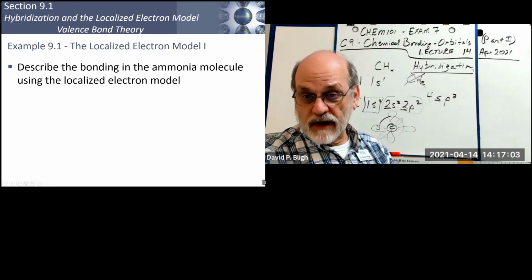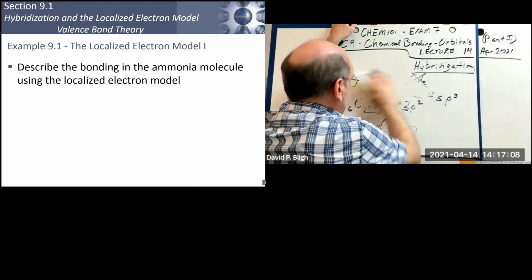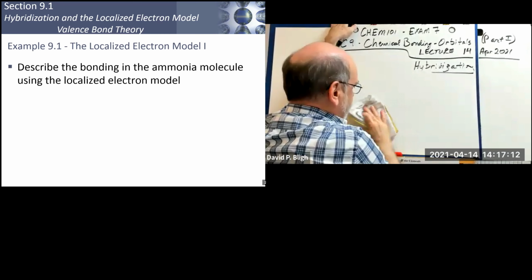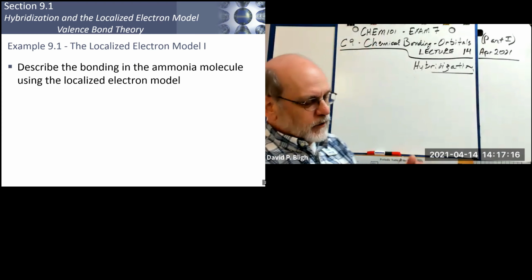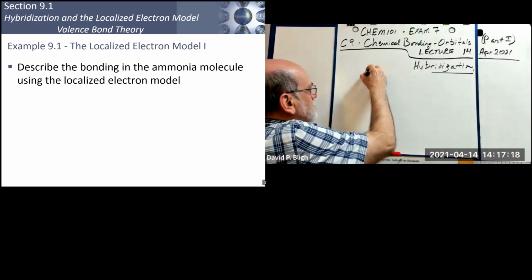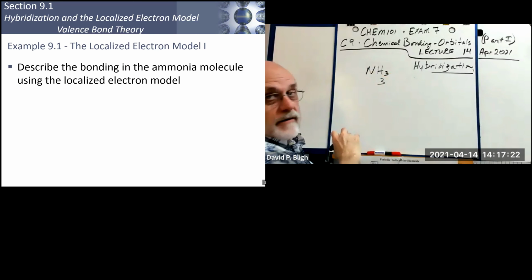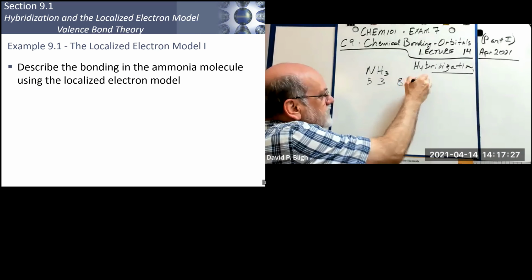How about the ammonia molecule? Well, let's see, what are we expecting? With ammonia, right, you have 3 electrons from the hydrogens. Nitrogen has 5. So you have 8 electrons again.